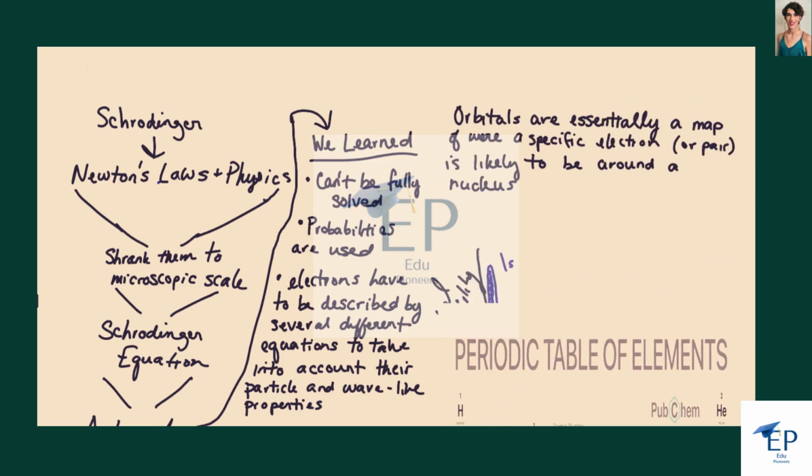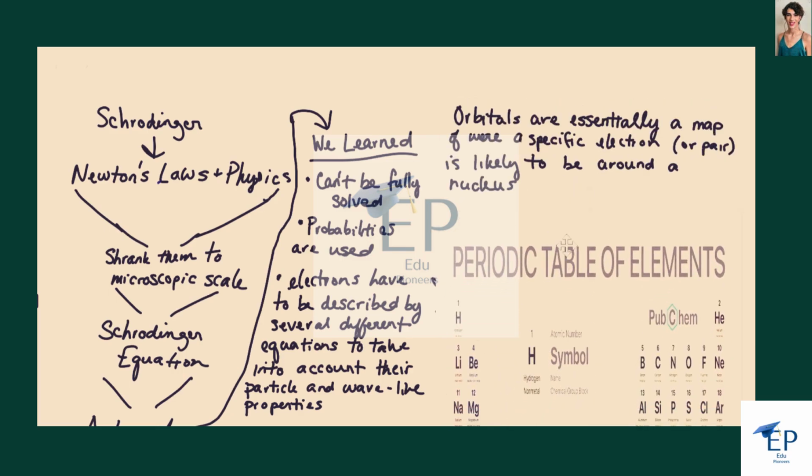And the biggest thing that came out of this, especially pertaining to this chapter and the previous chapter, 7, is that electrons have to be described by several different equations in order to take their particle and wave-like properties into account.